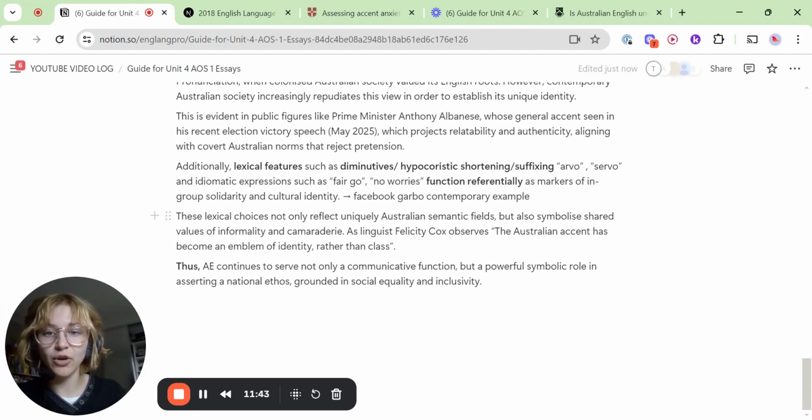These lexical choices not only reflect uniquely Australian semantic fields, so semantic fields, stuff like fair go, no worries, very Australian idea, but also symbolize shared values of informality and camaraderie. As linguist Felicity Cox observes, the Australian accent has become an emblem of identity rather than class. So I recommend you guys have a look at some linguist quotes and put them in your essay.